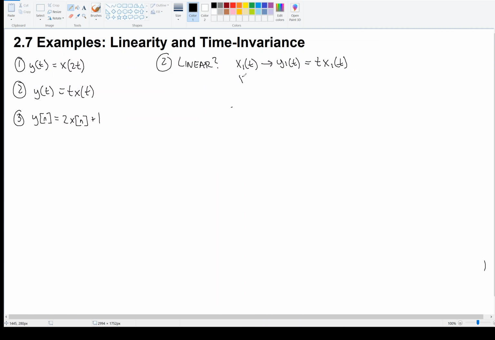If I plug in x2 of t, then I would get y2 of t equals t times x2 of t. The question is, if I plug in a mixture of those two signals, do I get the same mixture of the output signals?